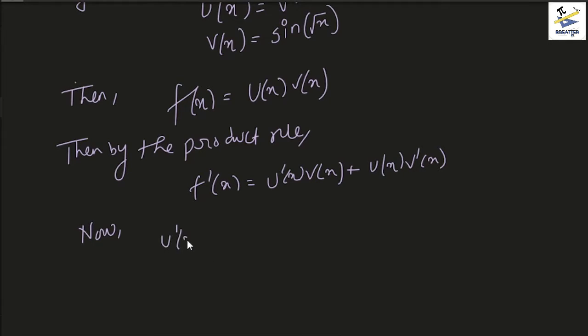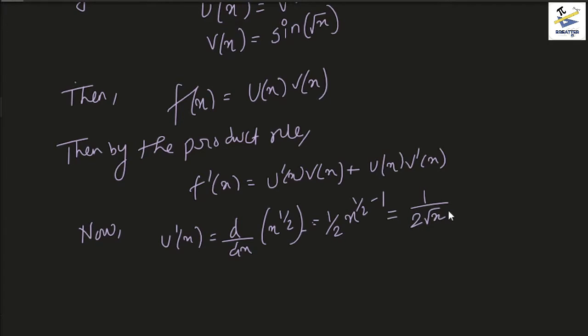Now u'(x) is just d/dx of x to the power half, which basically is half into x to the power half minus 1, or this just becomes 1 by 2 root x, right?